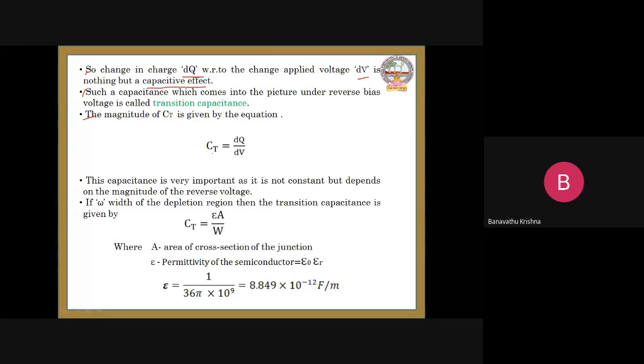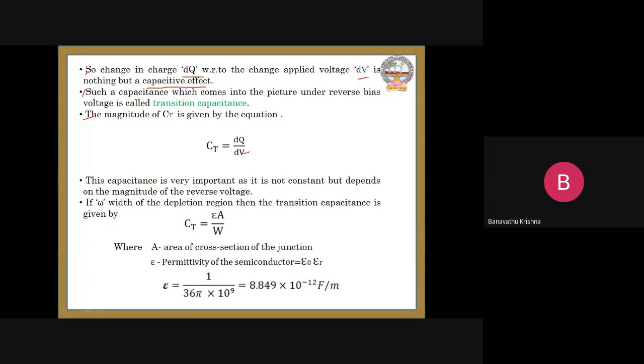Here the charge carriers are changing position. They are moving away from the junction, towards the positive terminal such as electrons, and the holes are moving towards the negative terminal on the P side. That change in position of the charge particles is nothing but transition capacitance. That change in charge occurs due to this change in voltage.